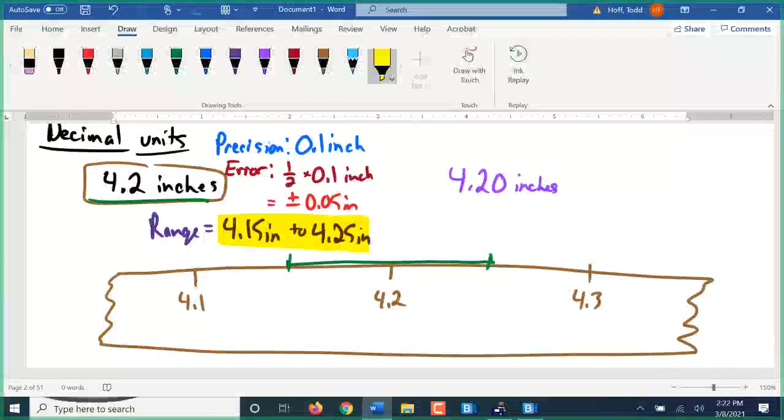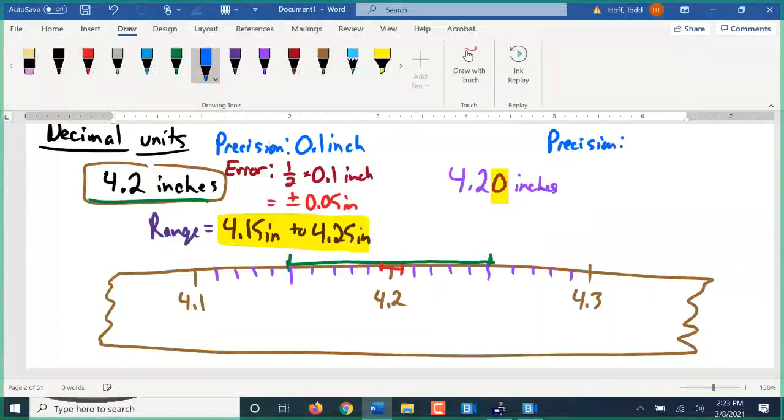That's not a bad range, but let's look at what this is implying over here with that extra 0. That is implying that our ruler actually was divided to the nearest 100th of an inch, and it was still closest to 4.2. In other words, it's implying that we are somewhere in that range. It's implying that we have a degree of precision of 100th of an inch, 0.01 inches.